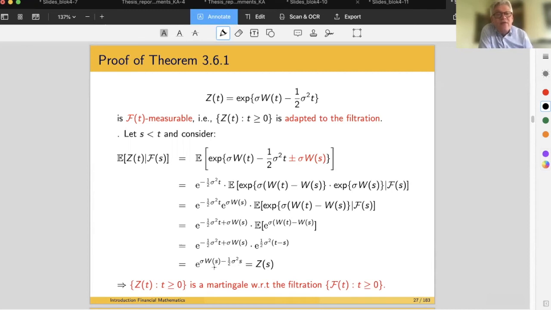And if we look carefully at this and we compare it to Z, then we see that this is nothing but Zs. And that is exactly what we needed to prove, right? The conditional expectation of Zt given Fs is equal to Zs. So indeed, Zt, t greater or equal to 0, is in fact a martingale with respect to the filtration Ft, t greater or equal to 0.